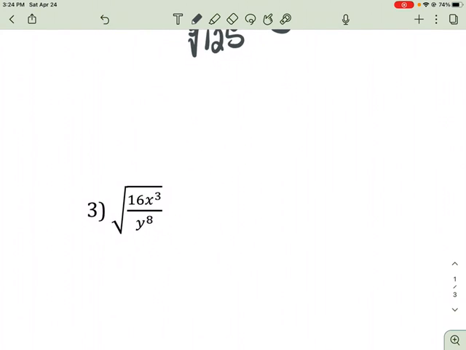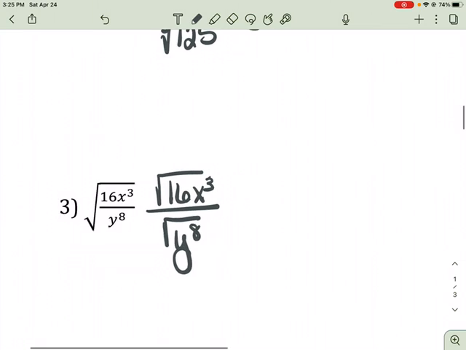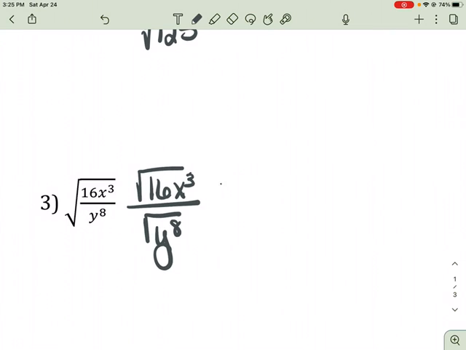Let's try this one. Here we have the square root of 16 x cubed over y to the 8th. Not only are we going to have to simplify this, but we're also going to have to use our rules that we talked about with variables and exponents. So we can take the square root of 16 and the square root of x cubed, so I'm really separating this out.